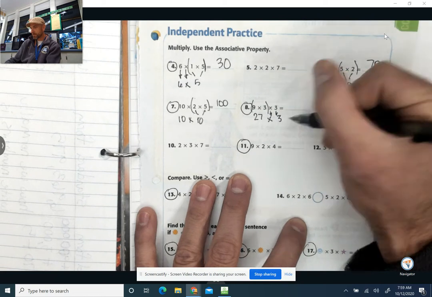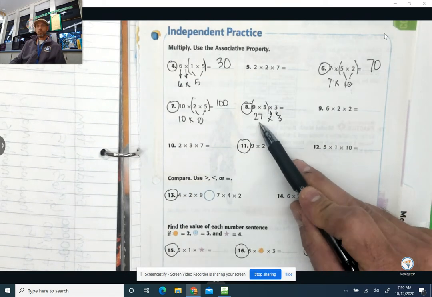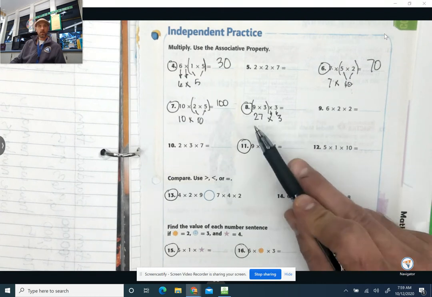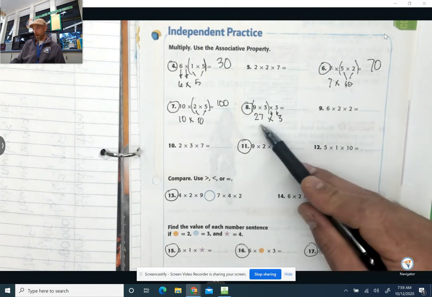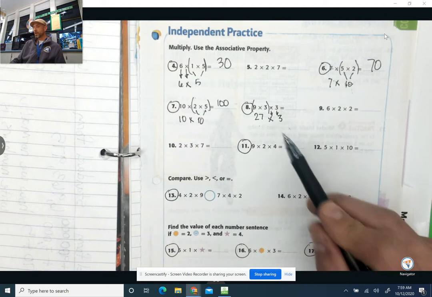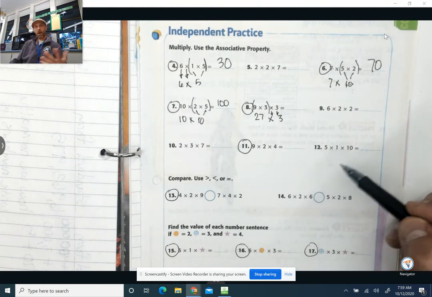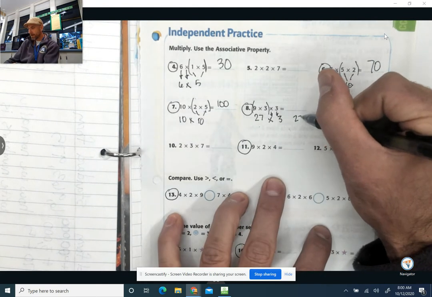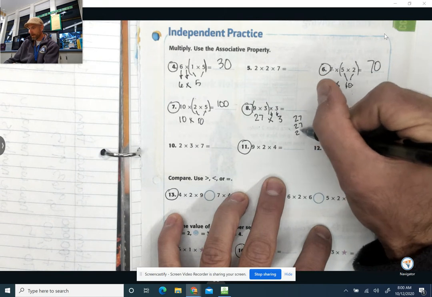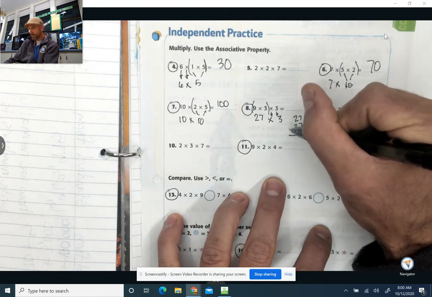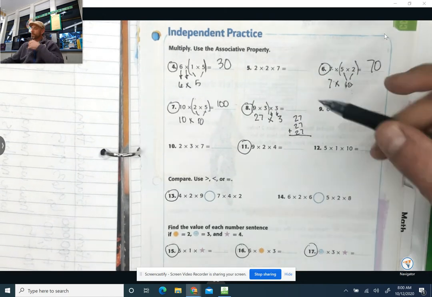And that's times 3. What in the world? You don't know 27 times 3 like you know 2 times 4. That's not a basic fact. So what are you going to do? Well, you have the strategy of repeated addition right now. Okay, Mr. Tillish is going to share another strategy shortly.